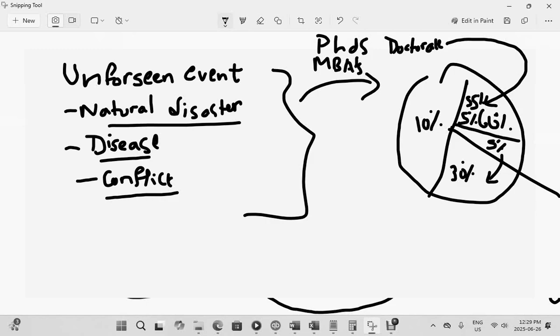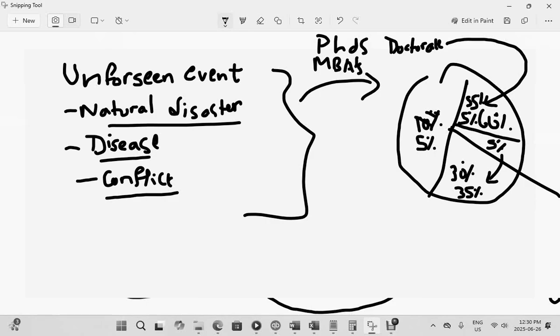And then all of a sudden you have 5% who are unemployed, they add to your 30%. So let's say this becomes 35%. So 35% are unemployed, and then all of a sudden this becomes 5%.